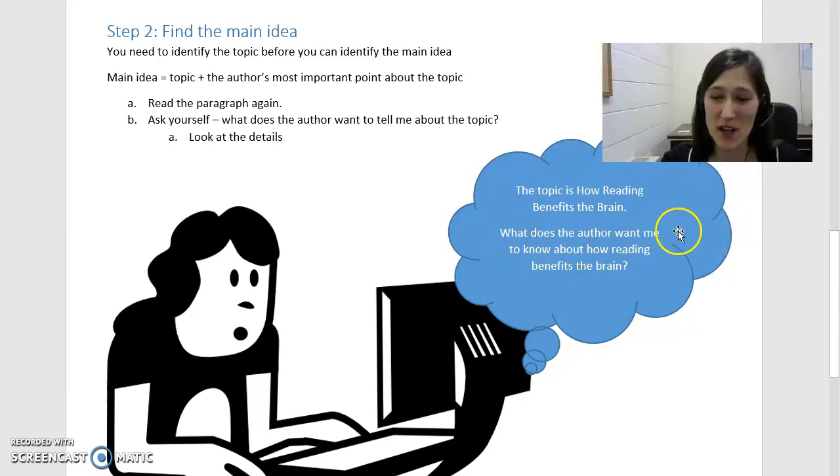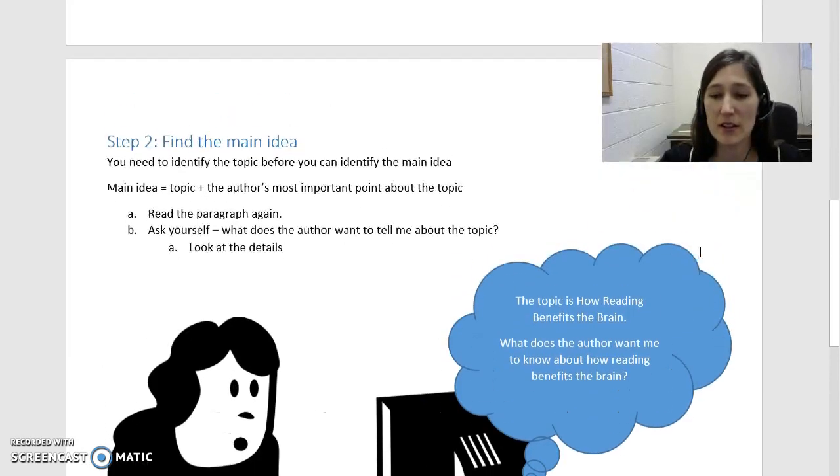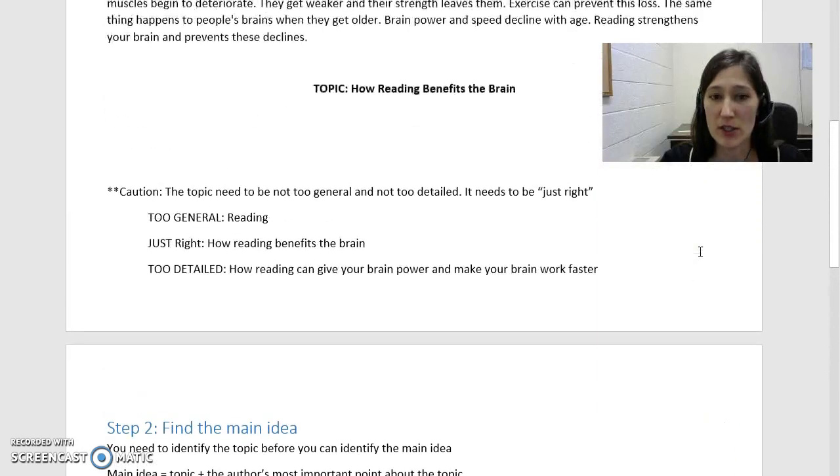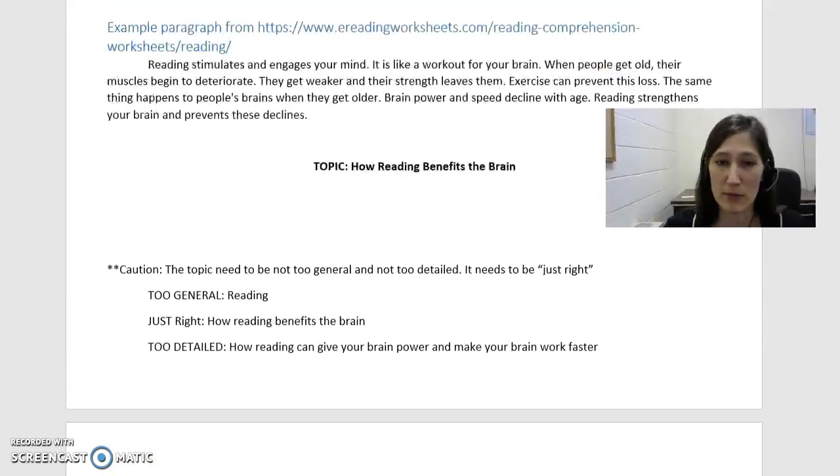So you want to say, what does the author want me to know about that topic? So what does the author want me to know about how reading benefits the brain, according to the details in the reading? So let's go back and think about that.